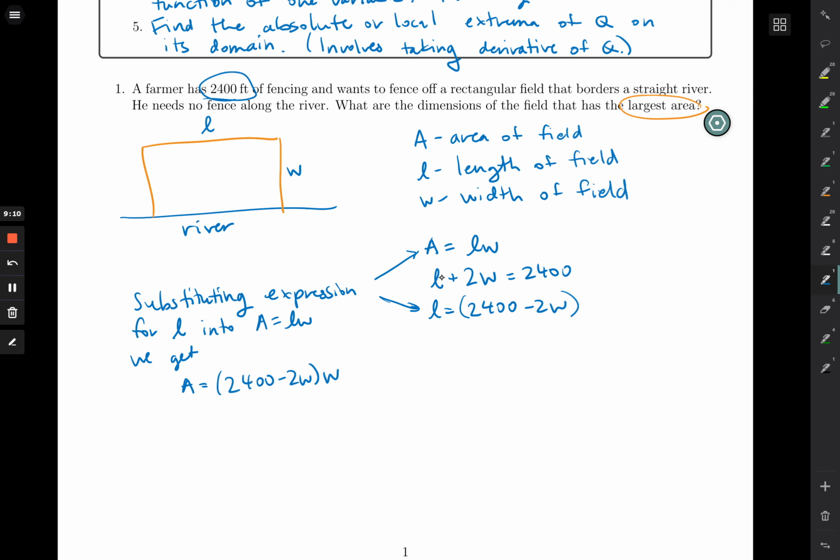So A is equal to some expression of W. W is our independent variable. And we can simplify this or just multiply it out.